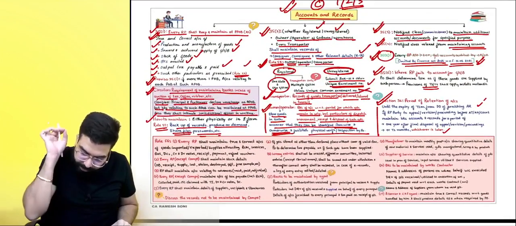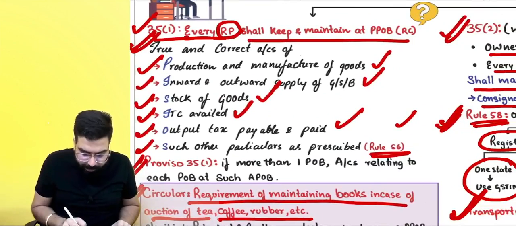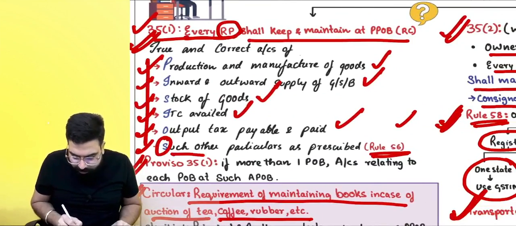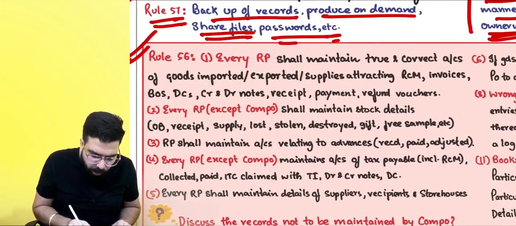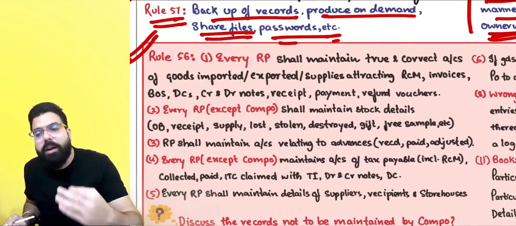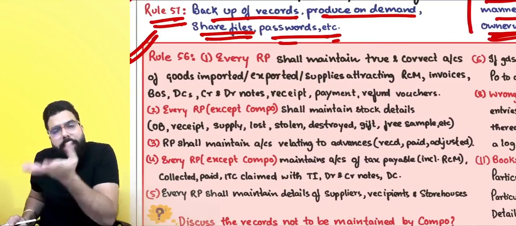Now, every registered person shall maintain such other particulars as told in rule number 56. Rule 56 talks about the various specific accounts to be maintained by the registered person.